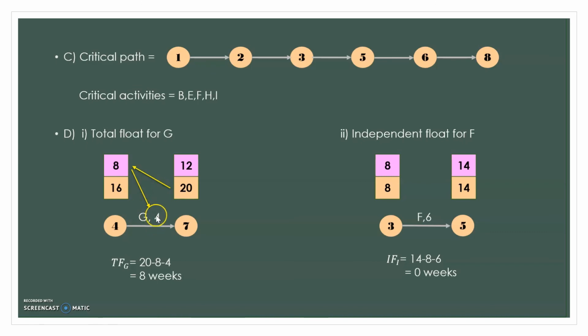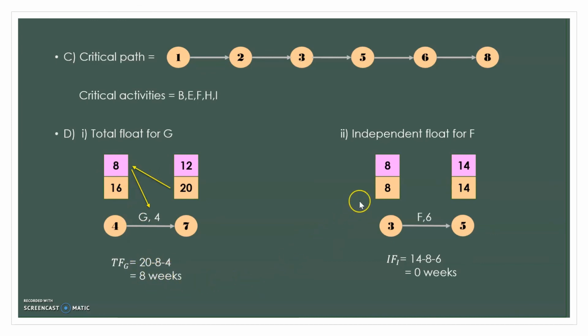So it will be calculated by 20 minus 8, then minus 4, and get 8 weeks. Why do we need to use weeks here? Because based on the question, the duration is in weeks, so we need to answer in weeks too. So the total float for G is 8 weeks.